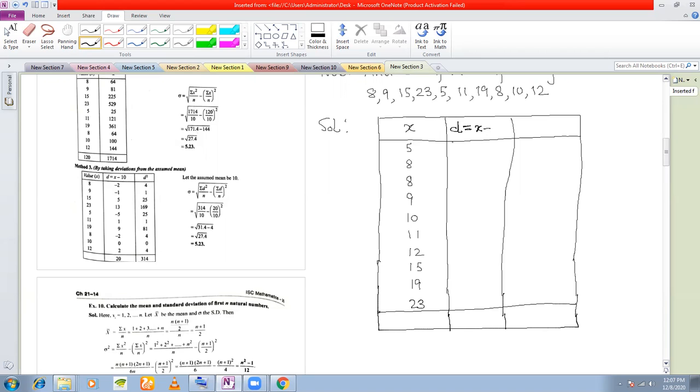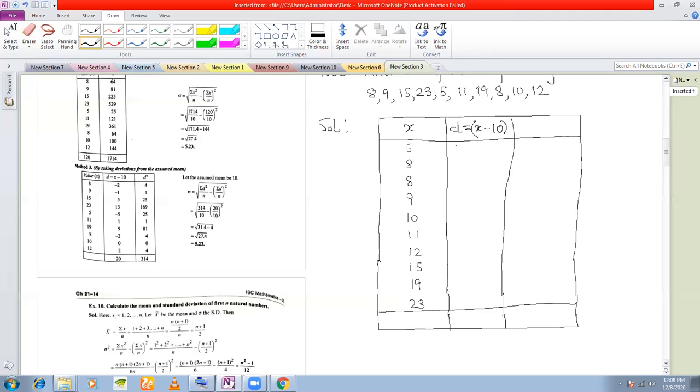You can take any number, but just as you remember in your class 10, you were also taking deviations there, the step deviation method. You were taking deviations about some mid value, right? Some middle value. So if you see, the middle value here is either 10 or 11, you can take either of them. Let us take 10, it is a convenient number. So you take the deviations about 10. Okay, d is equal to x minus 10.